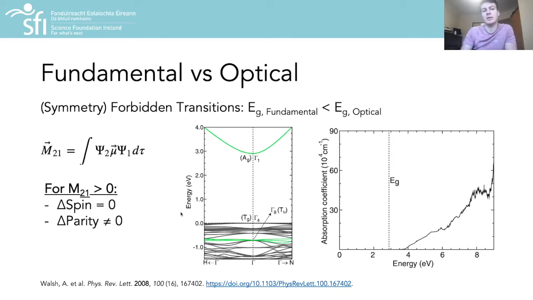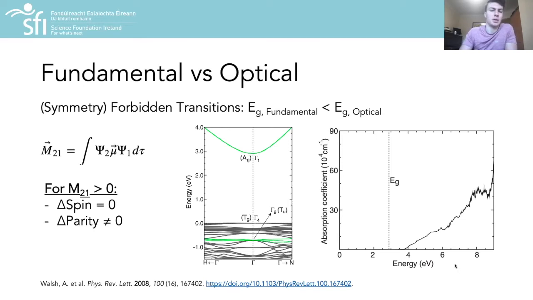So in a real material, this will be slightly broken by things like vibrations, small distortions, spin orbit coupling, etc., which will kind of distort the symmetry slightly of these states and allow some form of absorption and transitions between them, but it will be extremely weak.